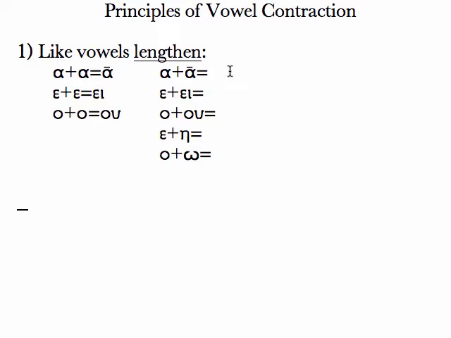Now, because I've got two short alphas in this long alpha, making 2 mori, plus another short alpha gives us 3 mori, and our rules of accentuation tell us that if we have 3 mori in the same vowel or diphthong, that vowel or diphthong is going to take a circumflex accent.